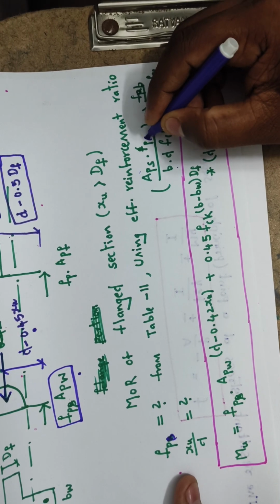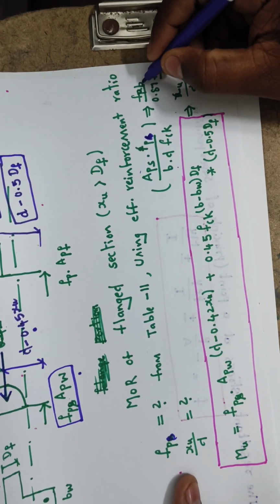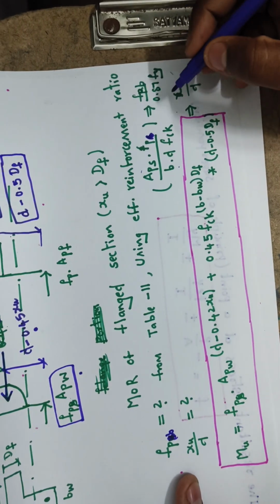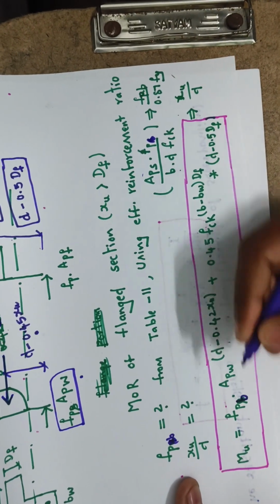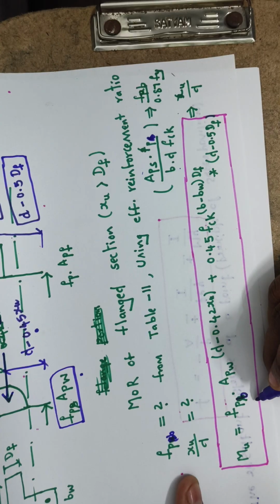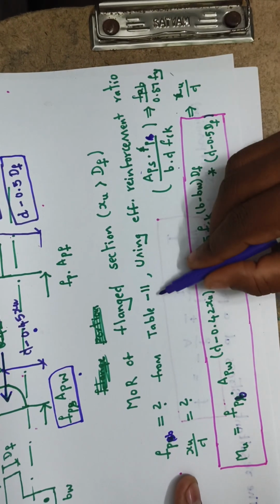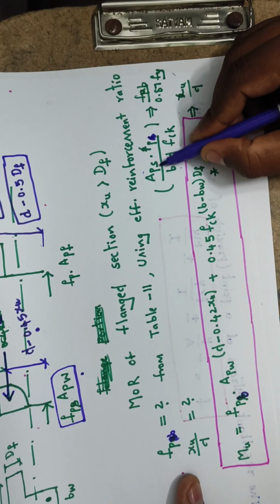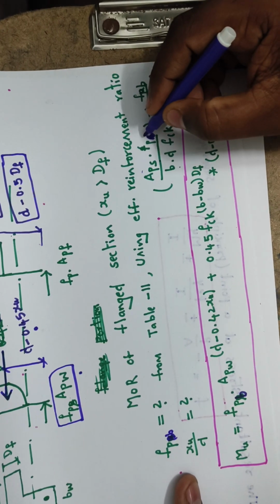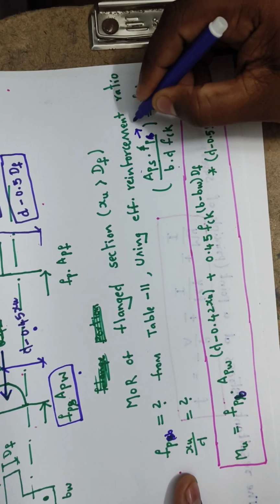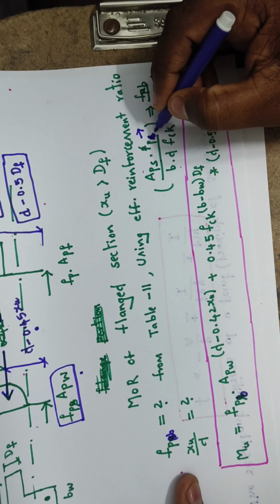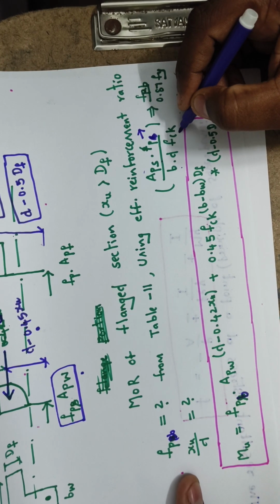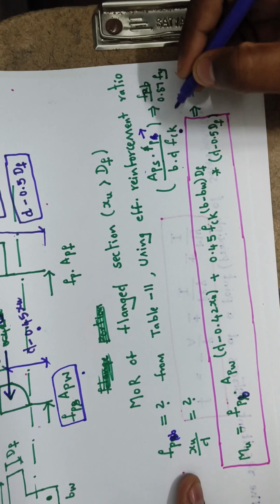This is fp only. Actually, this is not fp, this is fpb, right? This fpb value we need to determine from table 11 using the effective reinforcement ratio and Aps. Here fpu means the characteristic tensile strength of the steel, and fck is the characteristic compressive strength of the concrete.